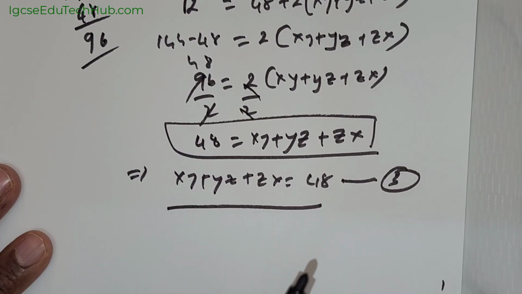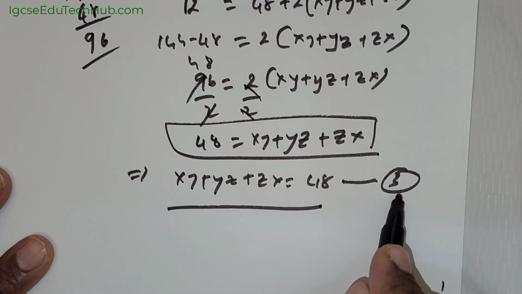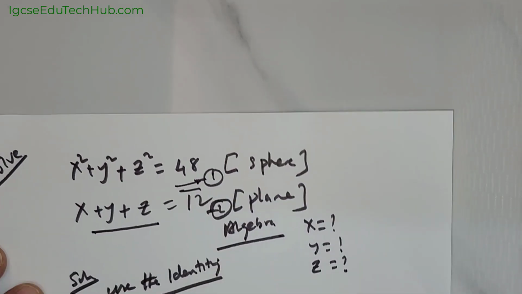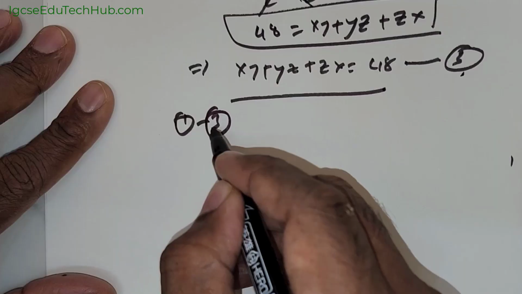Now what I wish to do is perform a subtraction between 3 and 1. Okay, 1 minus 3.